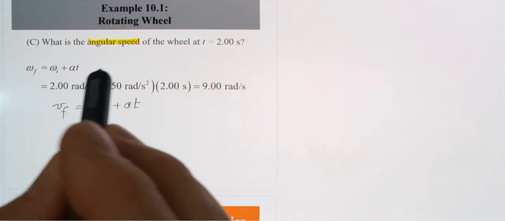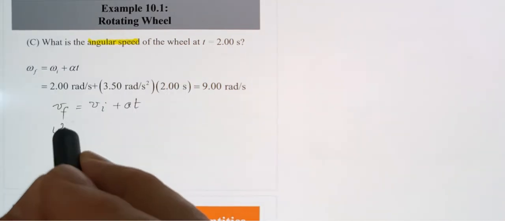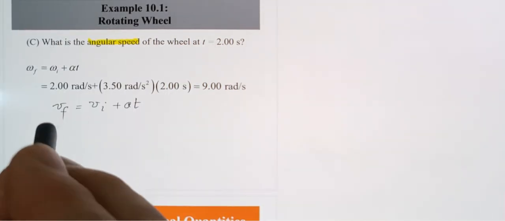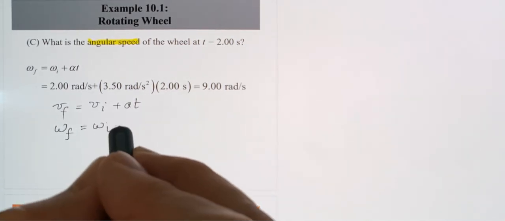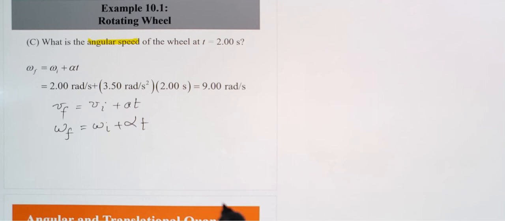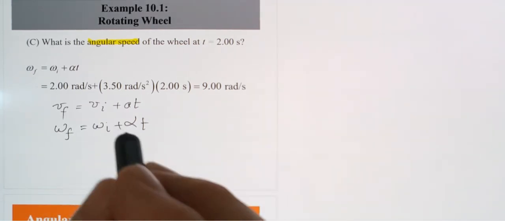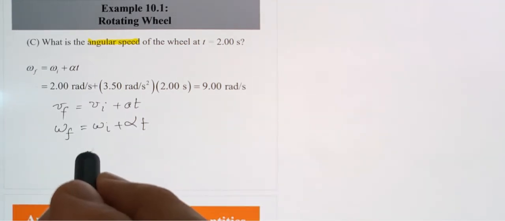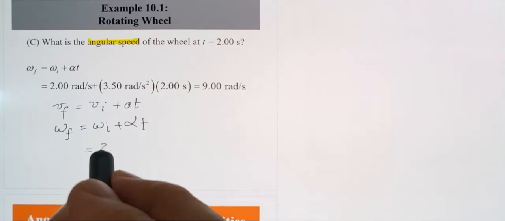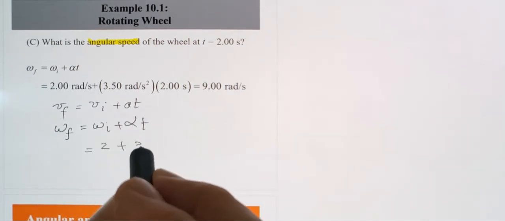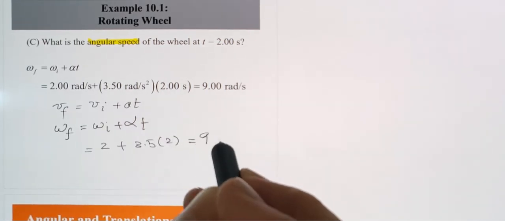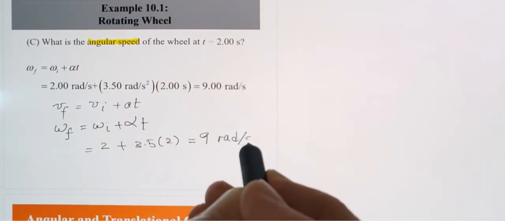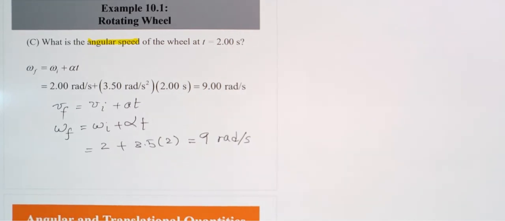Now we will use the angular, so omega final is equal omega initial plus alpha t. We put the numbers. Omega initial is 2 plus 3.5 multiplied by 2, and that is 9 radians per second. It cannot go easier than that.